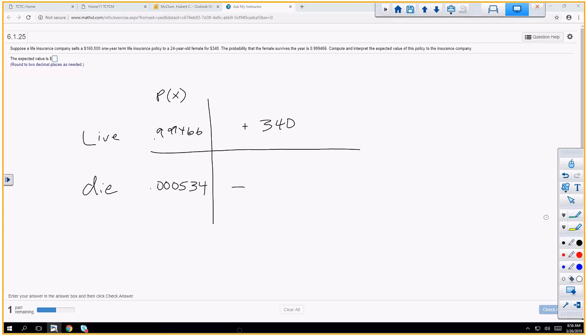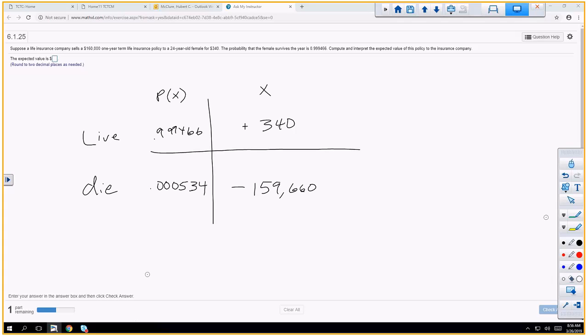It's 159,660. Somebody check me. Now, this is the probability, this is the event. So what is the expected value? You take this times this, and add it to this times this. Remember, the summation of P times X, you're finding the mean.